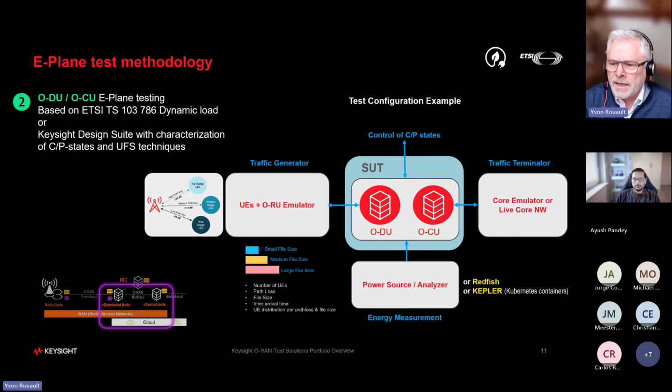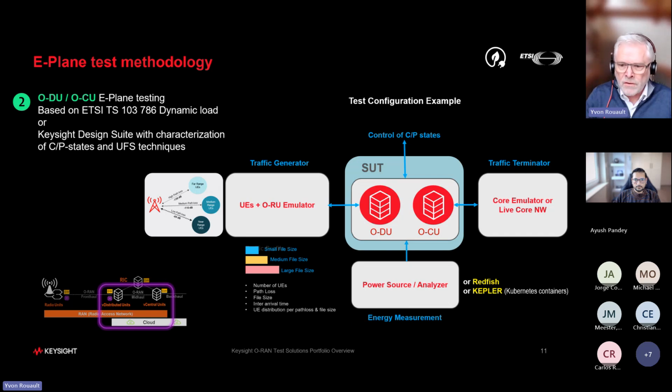Kepler is basically a mechanism where you can measure the consumption on a per cluster basis in a Kubernetes cluster. So then you can measure the consumption of the different clusters. So basically, you can measure the consumption of energy of where the DU is running, of where the CU is running, and you have different instances distributed.